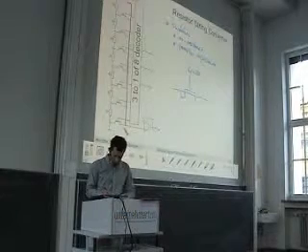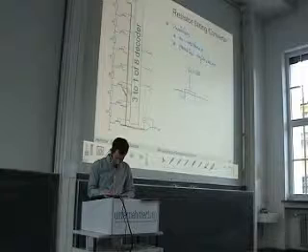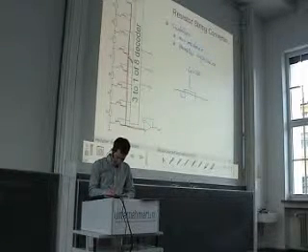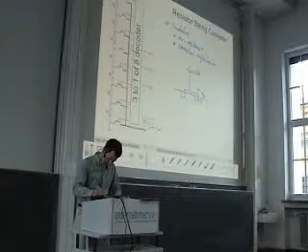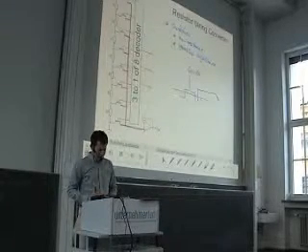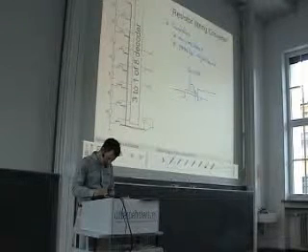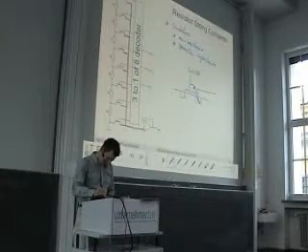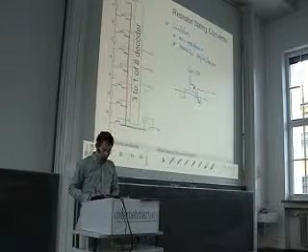Here we have our voltage bus. So now we have a parasitic capacitance, a so-called overlap capacitance from the gate to this drain region.